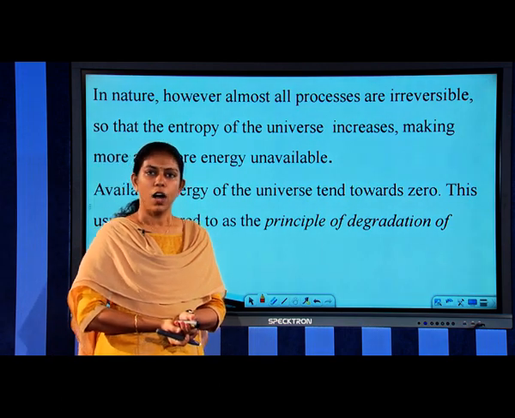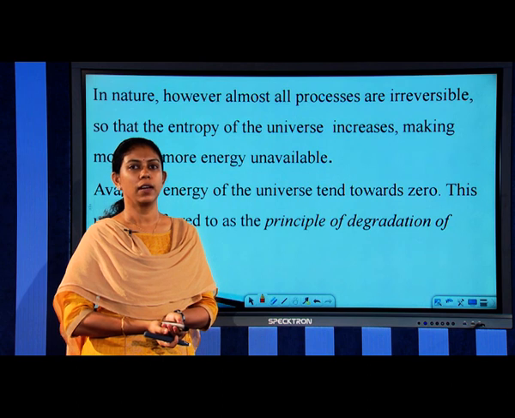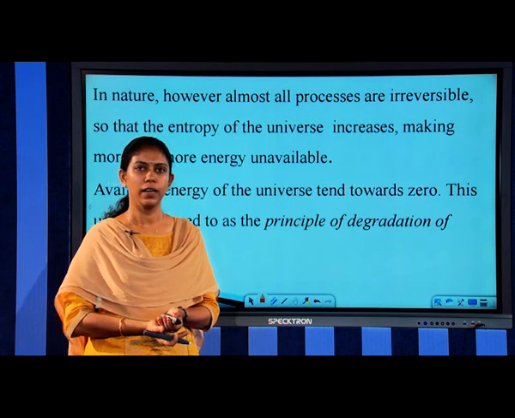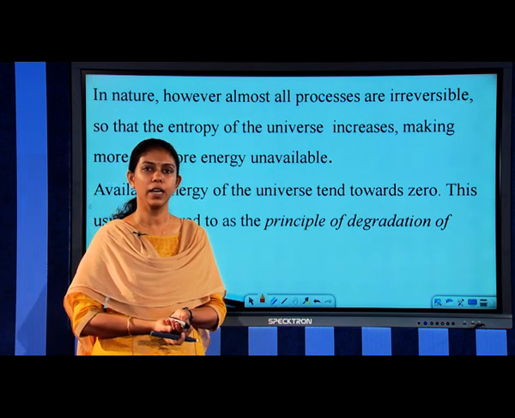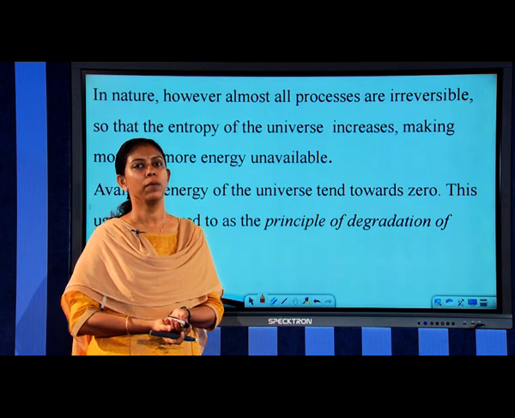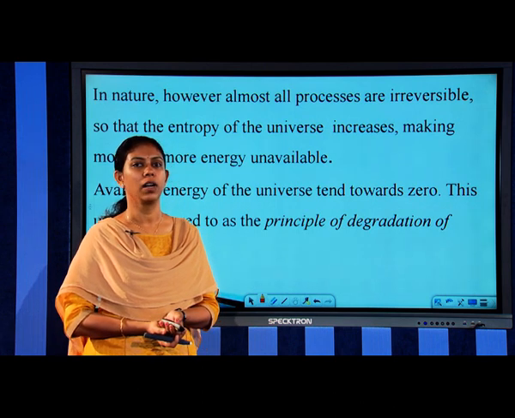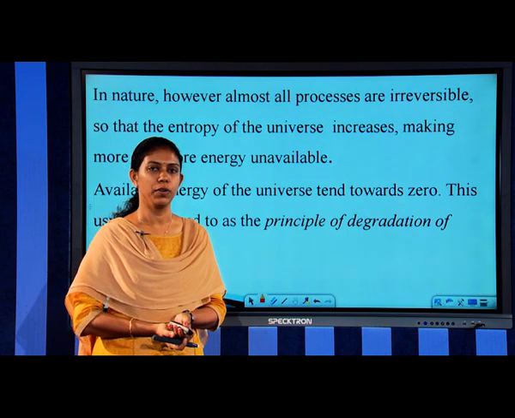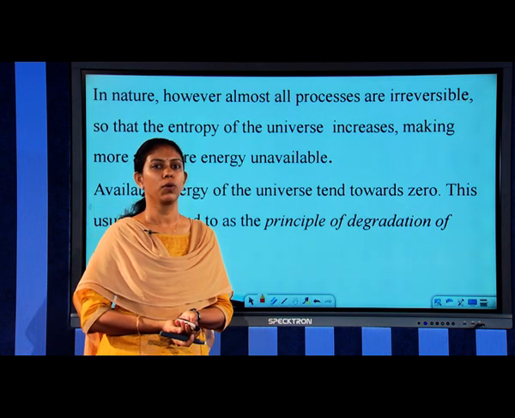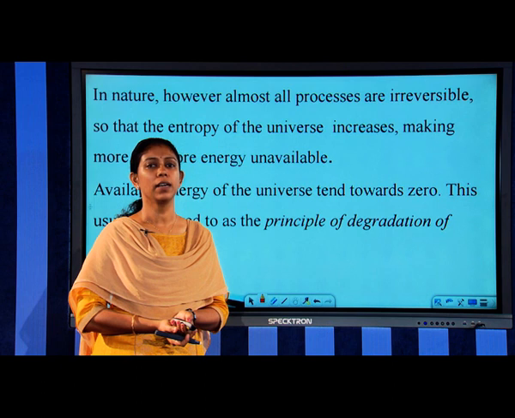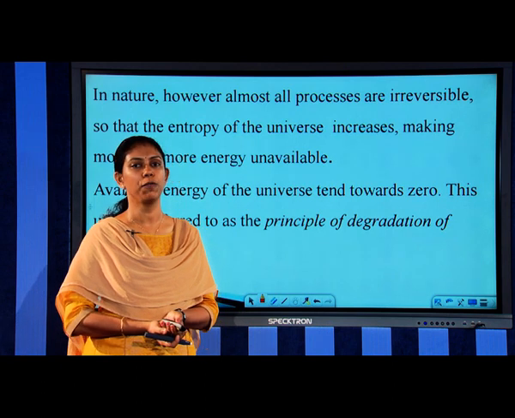In nature, however, almost all processes are irreversible, so the entropy of the universe increases, making more and more energy unavailable. Available energy of the universe tends towards 0. This is usually referred to as the principle of degradation of energy.